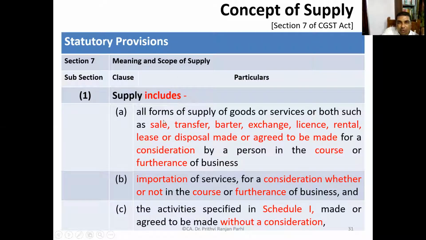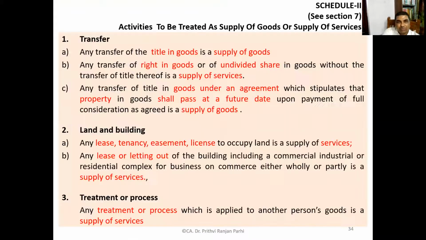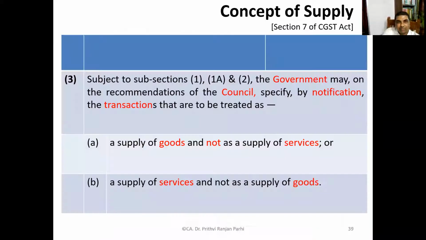And it says all forms of supply of goods and services, such as. Such as means these are examples. So there might be many other modes or methods through which goods can be supplied, such as sale, transfer, barter. Since the words such as are there, these are only examples. We should analyze that part.